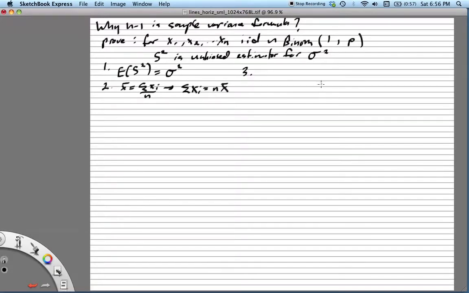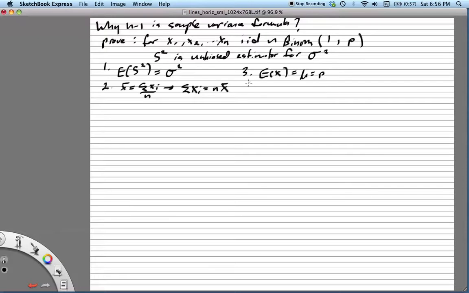Next, the expected value of any instantiation of this random variable should be equal to its mean, which in this case is p.